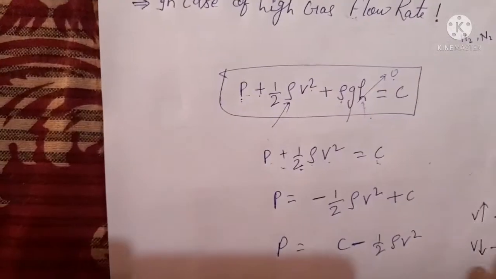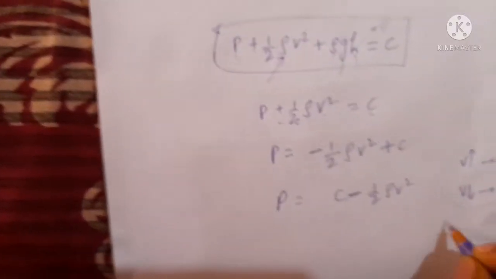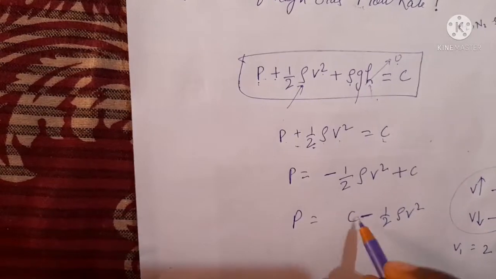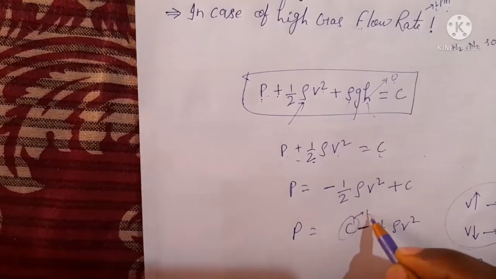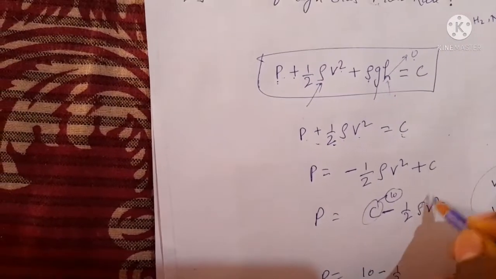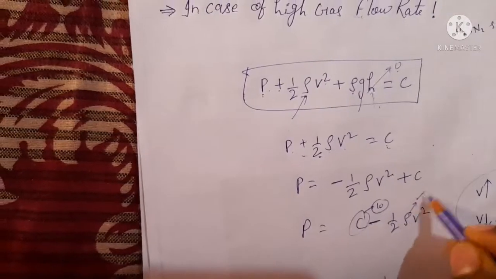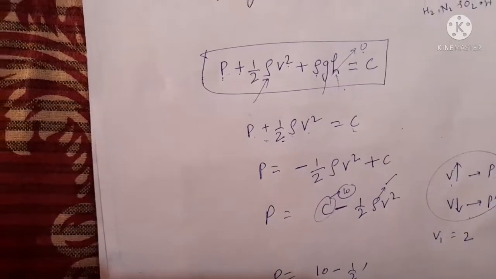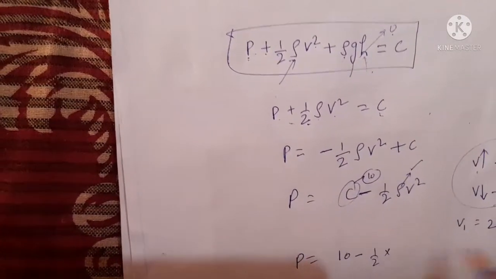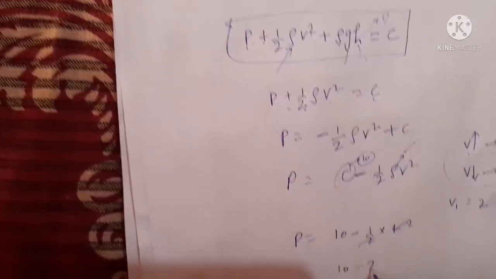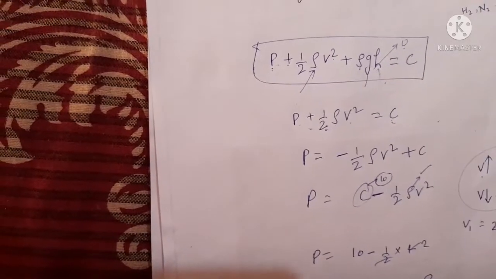What is this relation? If we take velocity v1 equals 2, what is the effect? This is a constant. We take a value of 10 for example. P equals 10 minus half, neglecting the density, only for calculation to understand how this varies, times 2 whole square, that means 4, giving 2. 10 minus 2 equals what? 8. P equals 8.